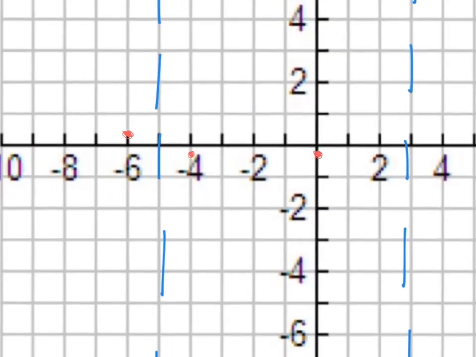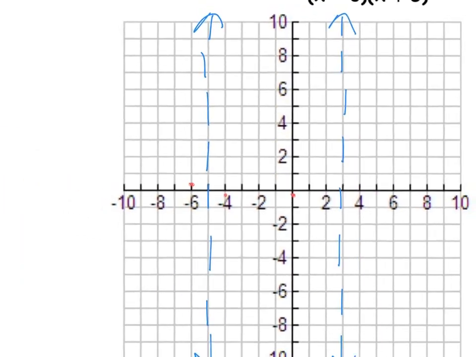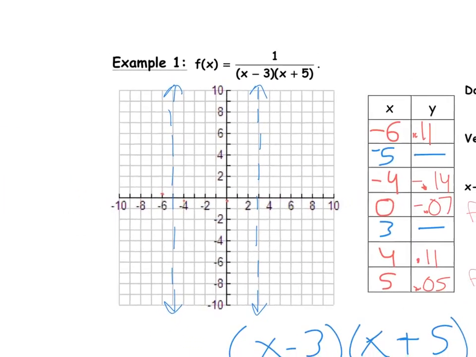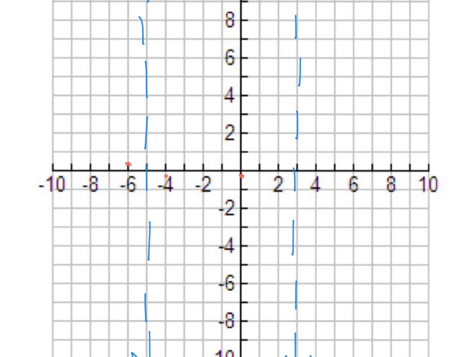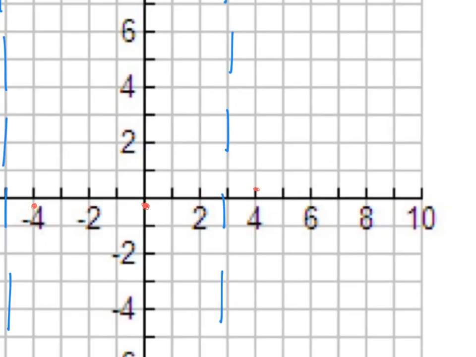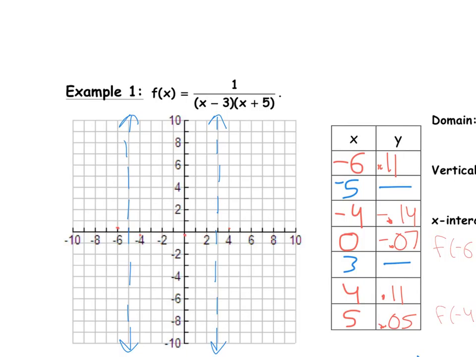So again, just below my x-axis. And then we have 4 and 0.11. So that's going to be just above. And then we have 5 and 0.05. So that's going to be, again, just above the x-axis.